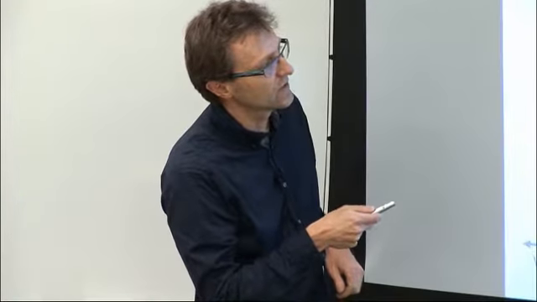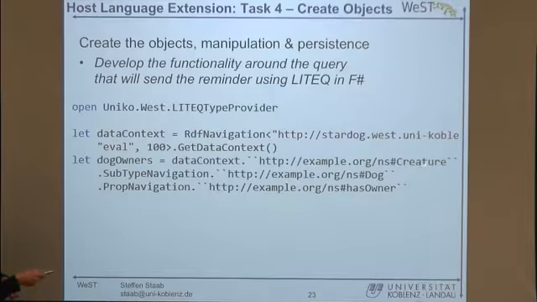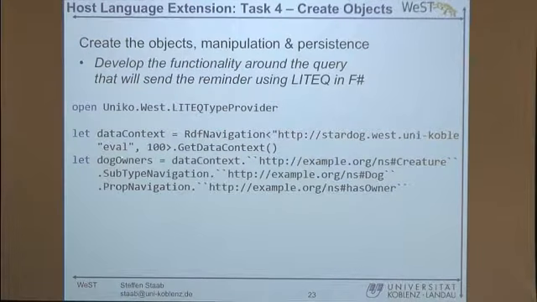And then you write your query. So given this data source, write a query, for example, for creature, navigating down to dog, navigating to has-owner. So the operators look a little bit different than I've shown you in the slightly more formal part, but they do exactly the same. And so what you get here are these dog owners.